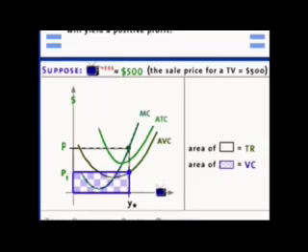Now, if we follow our 48 television sets further up, we hit another curve. The next curve that we run into is the average total cost curve. So if we follow this dot over to an amount of money on the axis, what's it going to tell us? We're producing 48 television sets, and this is the point that we touch on the average total cost curve.